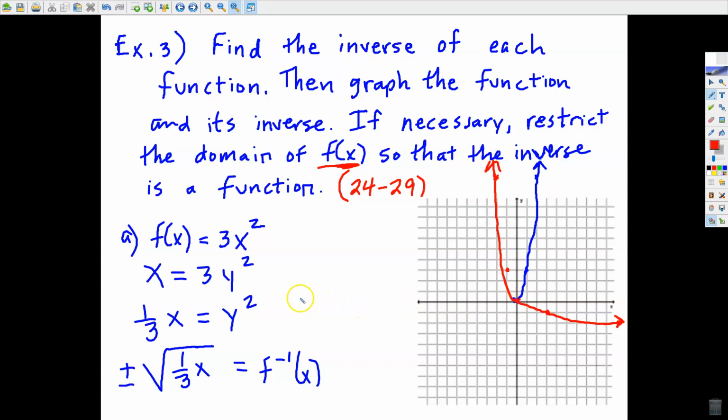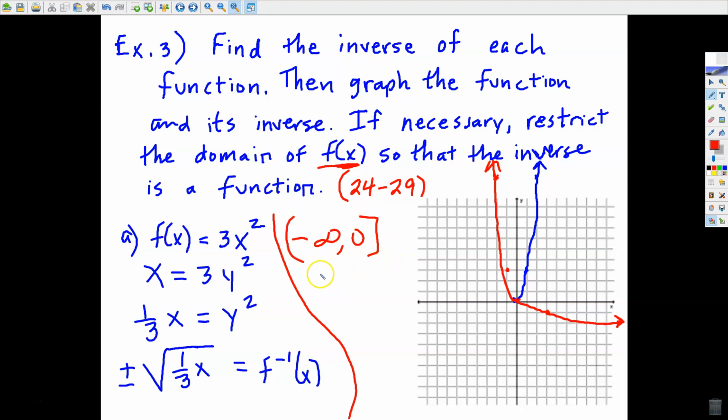Well, it looks like it's coming from -infinity and it's stopping where? 0, okay? So I don't have a lot of room. I'm going to try to squeeze all this in. So for the red piece, to restrict the domain of the original function, we would say the domain would be -infinity to 0.